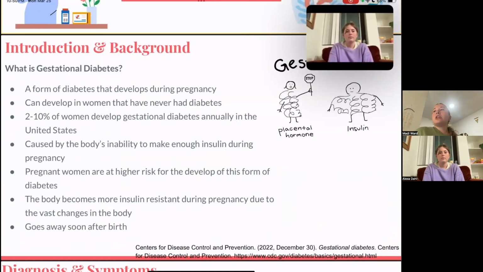And these changes can create an increase in insulin resistance while the body is already struggling to make insulin through pregnancy. So, thankfully, this disease does go away post birth, and there are ways to avoid getting it again with a possible future pregnancy. And there's also ways to avoid developing type 2 diabetes later on in life as well.